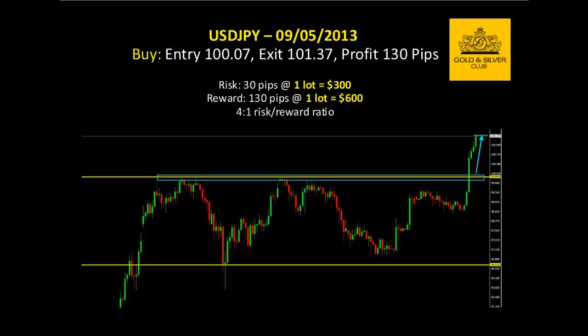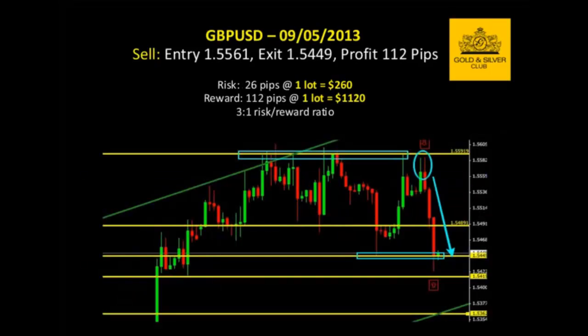So we've moved over 130 pips since this breakout on USD Japanese yen, entering yesterday on that breakout of the 100 level. The risk on the trade was 30 pips, and we're currently up over 130 pips. We're going to be monitoring that closely today, especially before the Ben Bernanke announcement at 2:30. But currently we're up 4-to-1 on that USD Japanese yen trade. Really nice breakout that we saw yesterday.